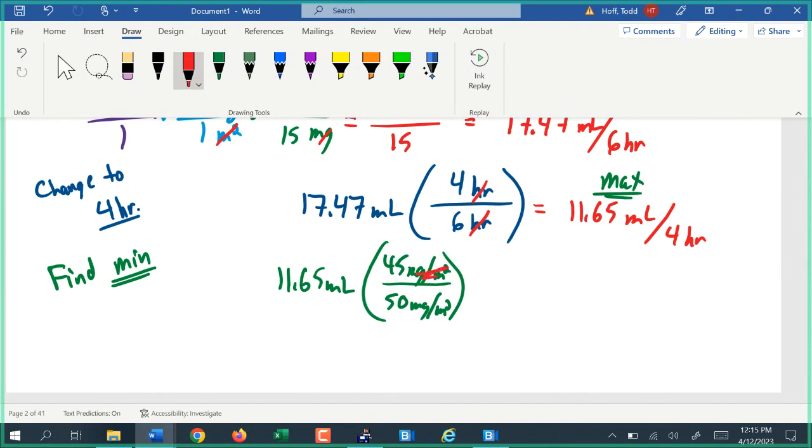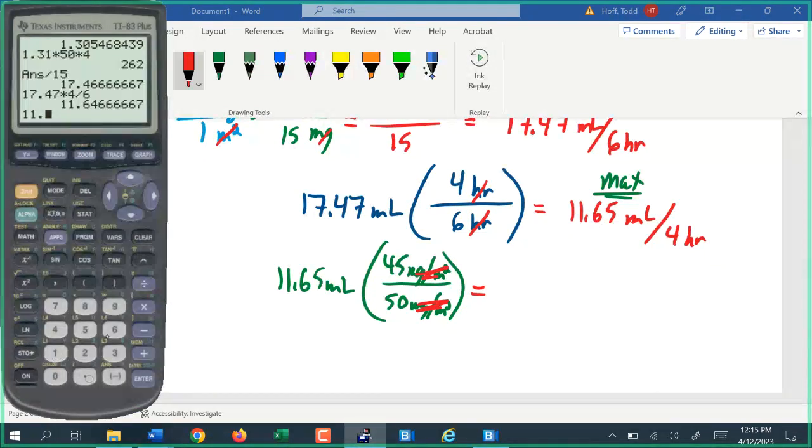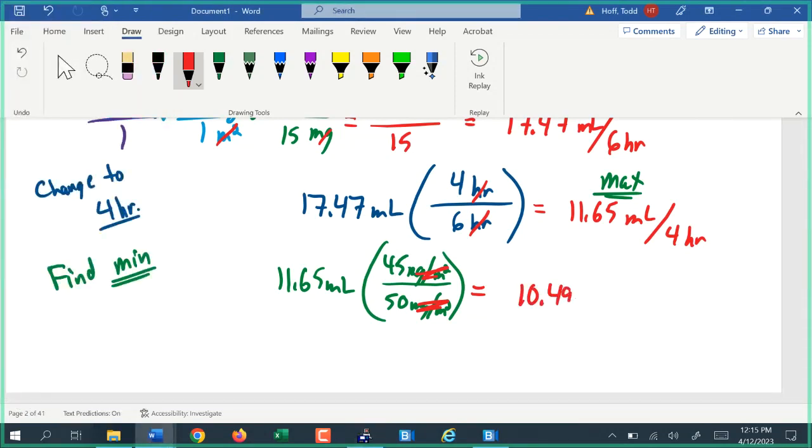So these units are the same again, so they cancel out. Again, they have to be the same or the titration doesn't work. Now we have the 11.65 times 45 divided by 50. Oops, make sure you get the 50 in there. Gives us 10.49. That's milliliters, and the time frame is still every 4 hours.